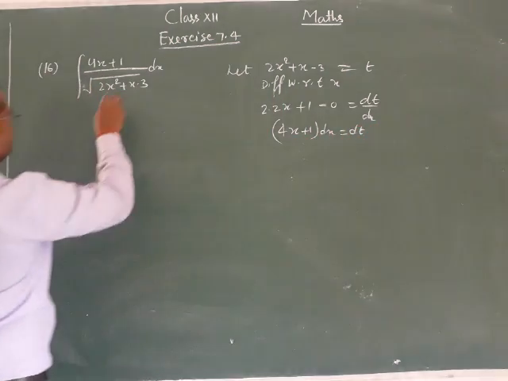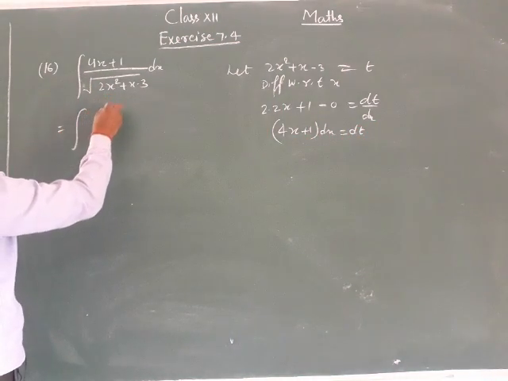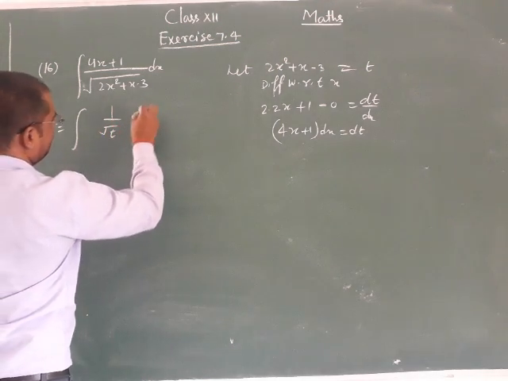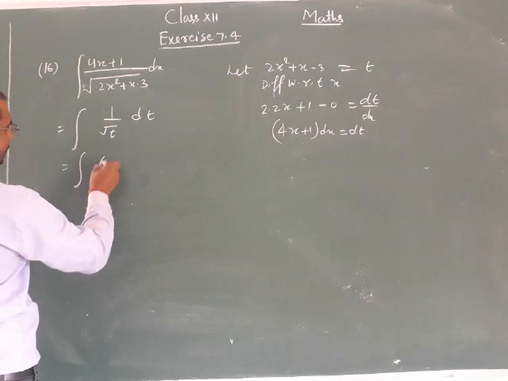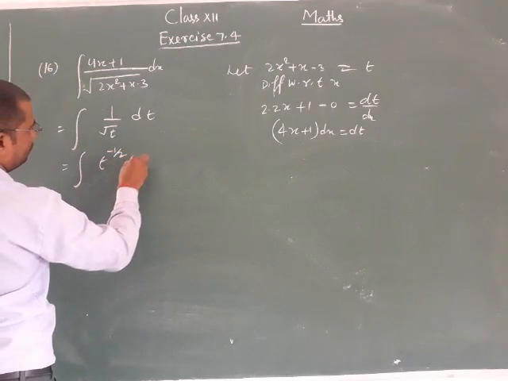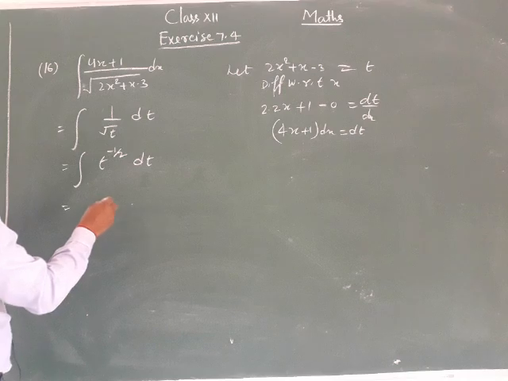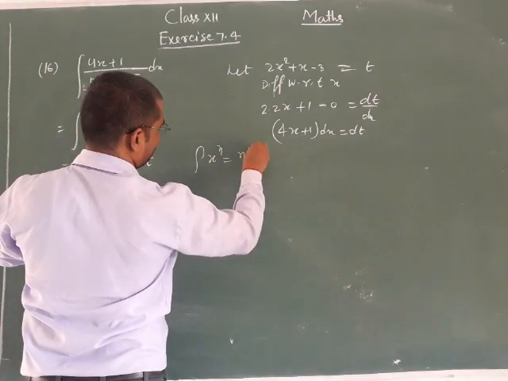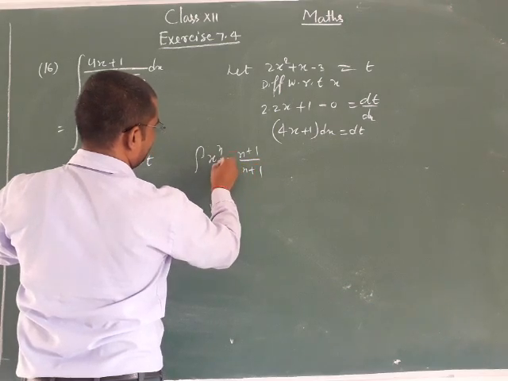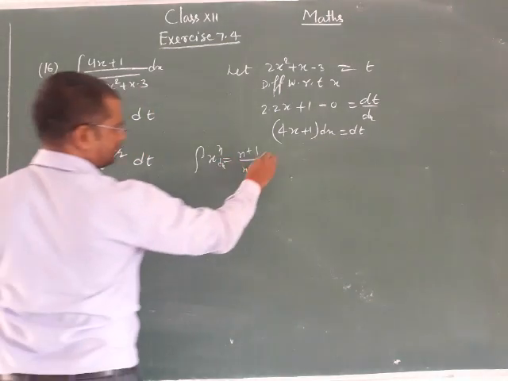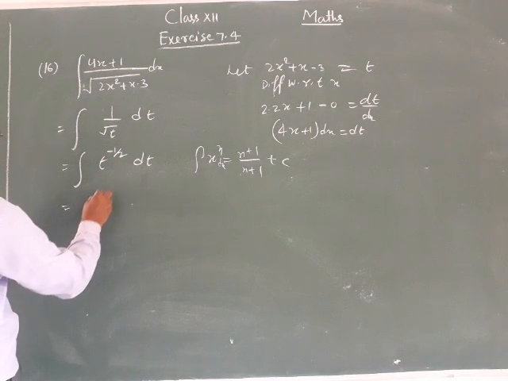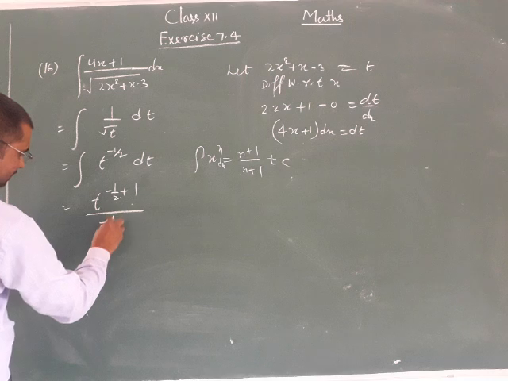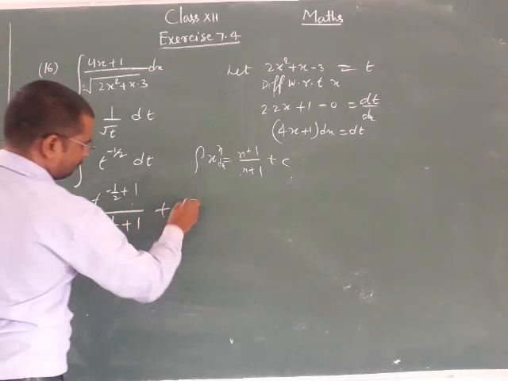Now change it: 1 upon root t dt, so the integral of t to the power minus 1 by 2 dt. By the formula, the integral of x to the power n is x to the power n plus 1 upon n plus 1, plus c. So t to the power minus 1 by 2 plus 1 upon minus 1 by 2 plus 1, plus c.